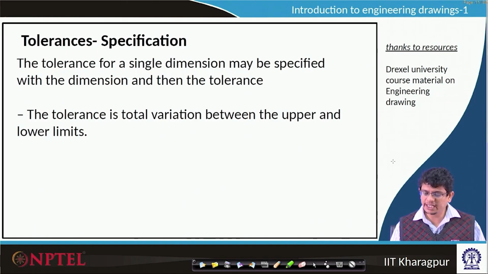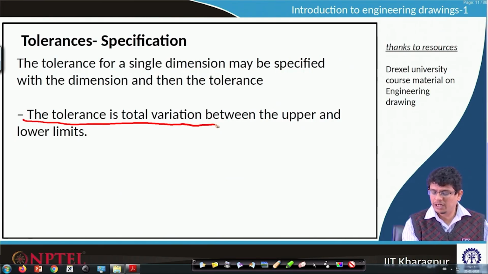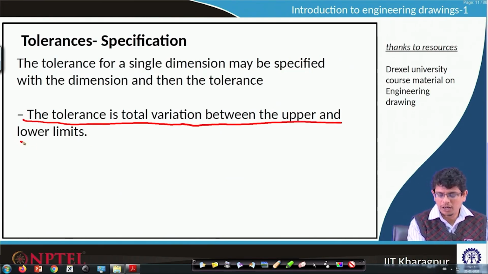The tolerance for a single dimension may be specified with the dimension and the tolerance. We will shortly look at how to represent that. One thing we have to notice: the tolerance is the total variation between the upper and lower limits.